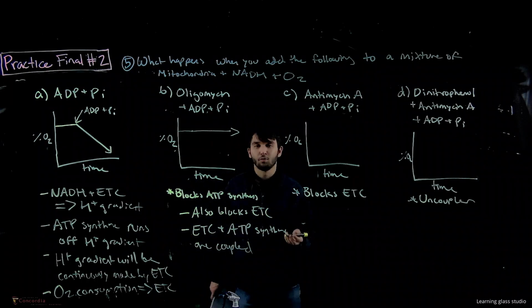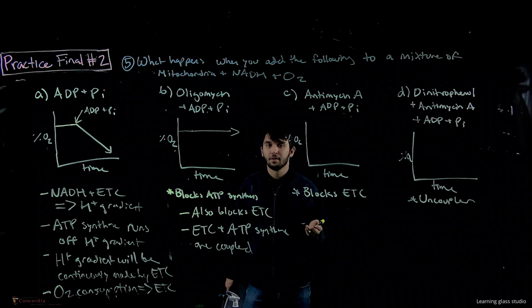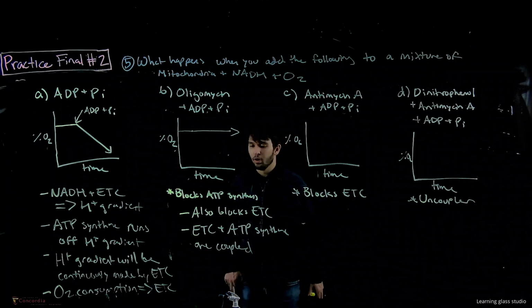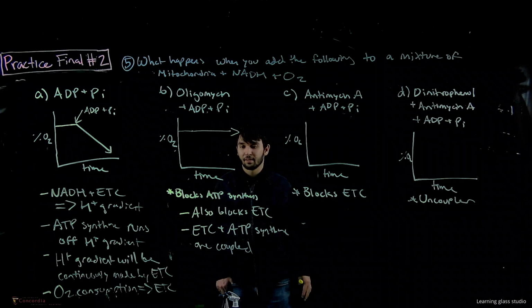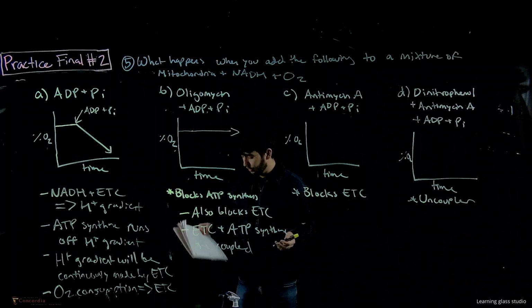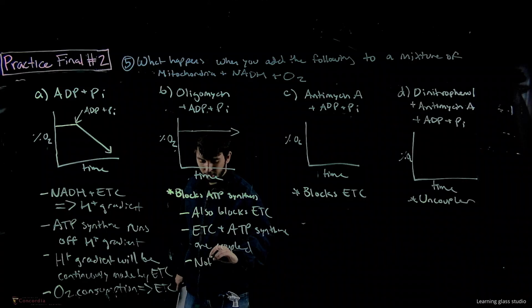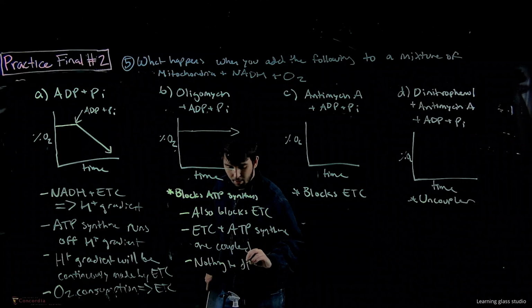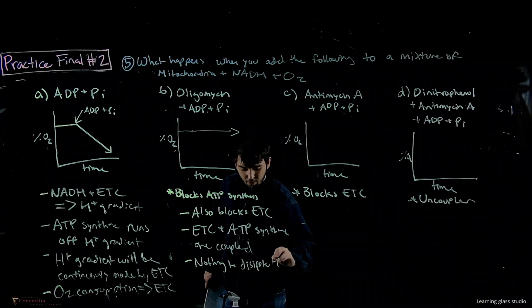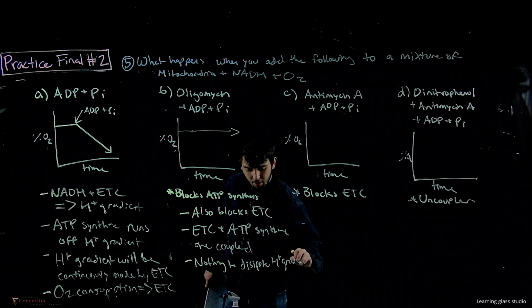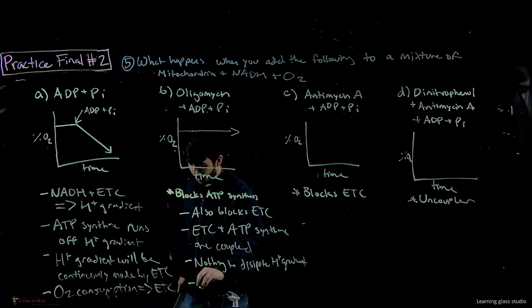What does that mean? It means when one is active, the other is active. When one is inactive, the other is inactive. Okay? So because ATP synthase is not running, there's nothing to dissipate the proton gradient, and therefore the ETC is not active as well. Okay? So nothing to dissipate the H plus gradient, and we get no O2 consumption.